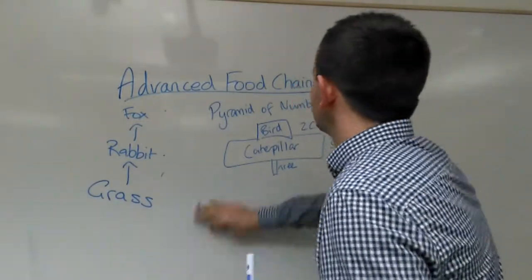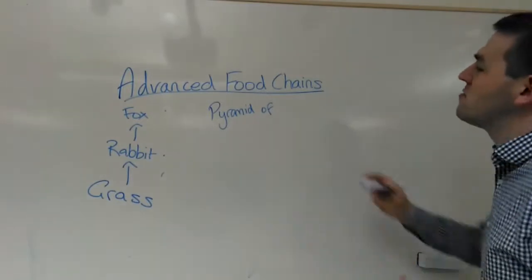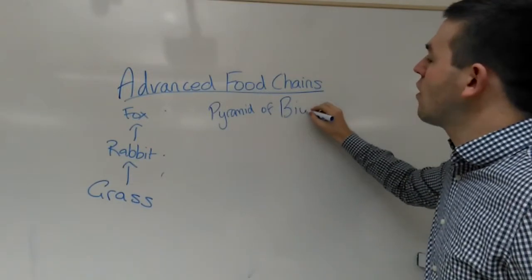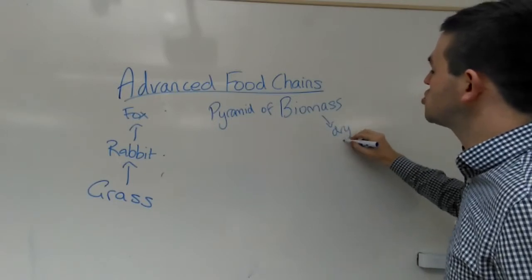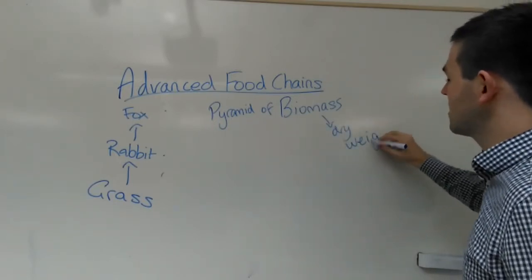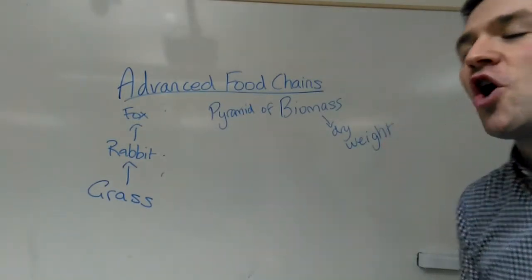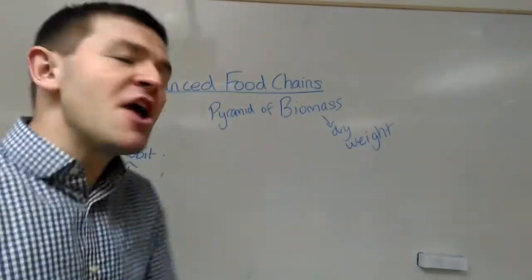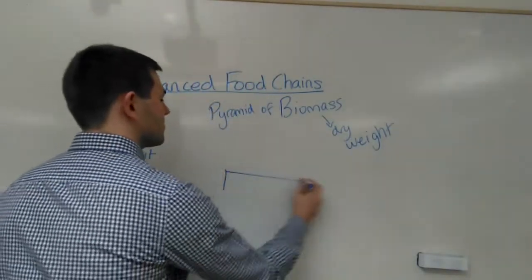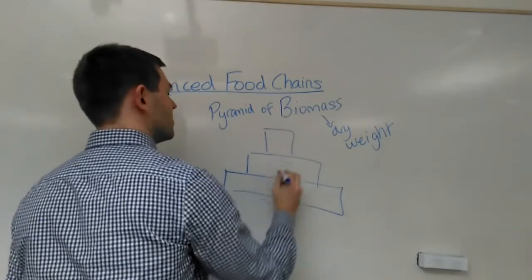We can instead use what we call a pyramid of biomass. That basically means the dry weight. Can you see that? Yes, you can. The dry weight of an object, that's the biomass. And a biomass pyramid for that one would be this shape.